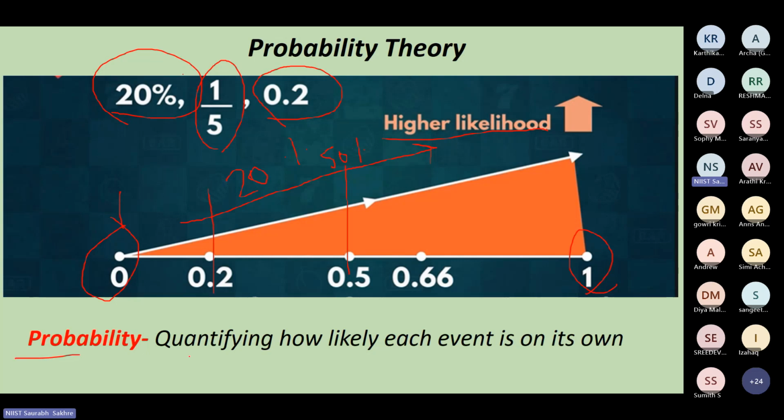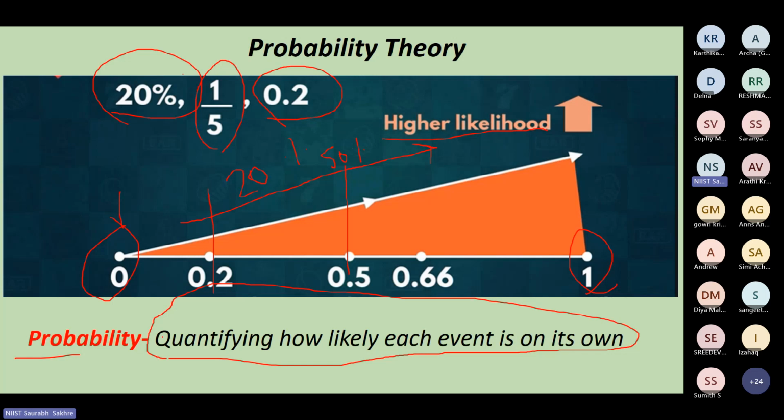The basic aim of probability is quantifying how likely each event is on its own, based on its own intrinsic property. I'll give you a simple example. Most of you are working in laboratories because this is a basic science lab. You are mixing two chemicals together. With the proof of concept, you know that if I mix chemical A and chemical B, the outcome C should happen.